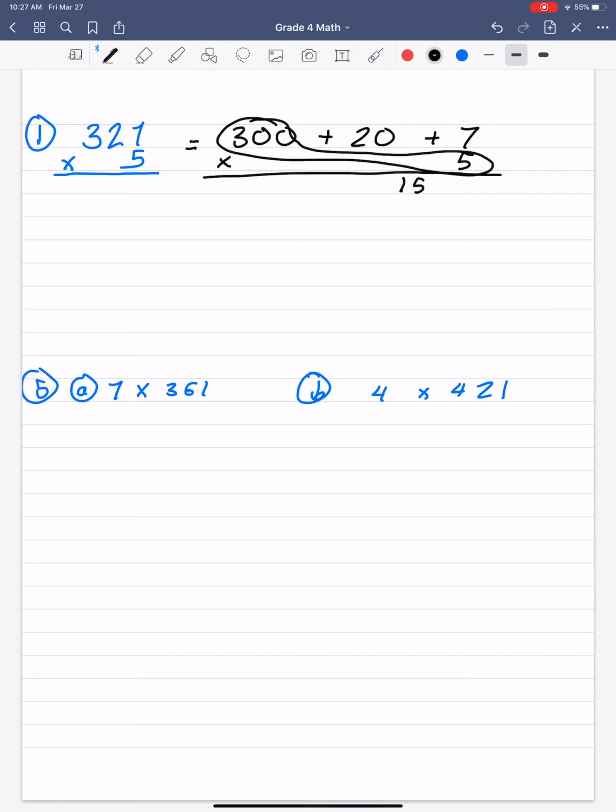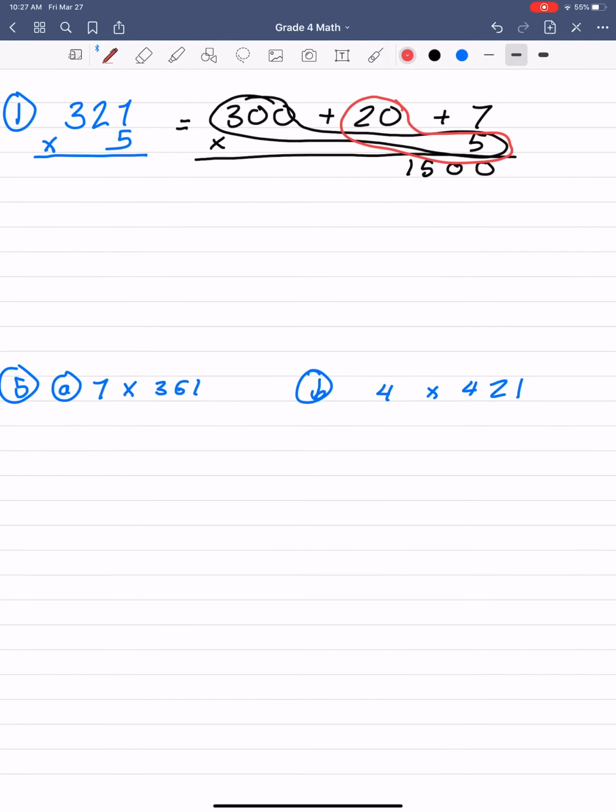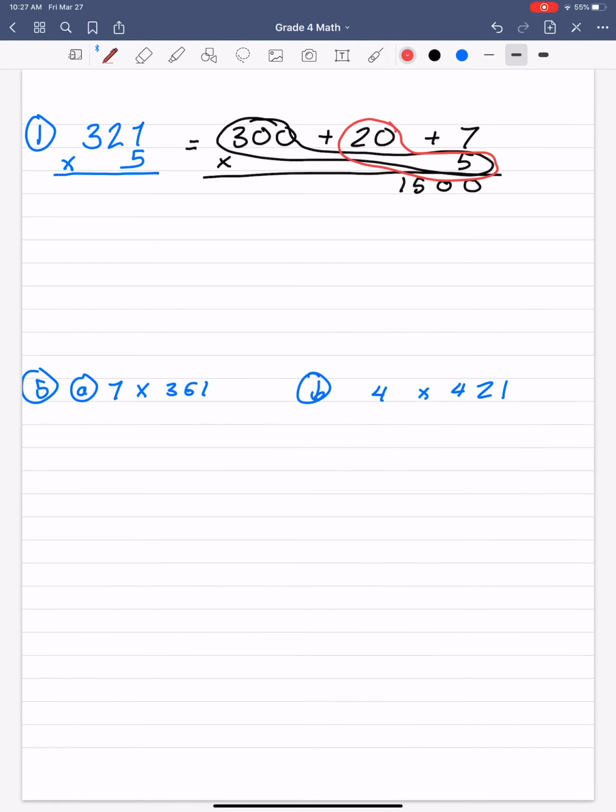So we're going to have 1,500. Next, we're going to multiply our tens by our 5. So 2 times 5 is 10, and add your 0, which makes 100. And finally, 7 times 5 is 35. So then we add those together. 1,635. And that's our answer.